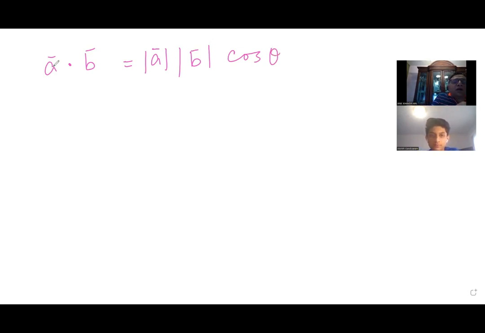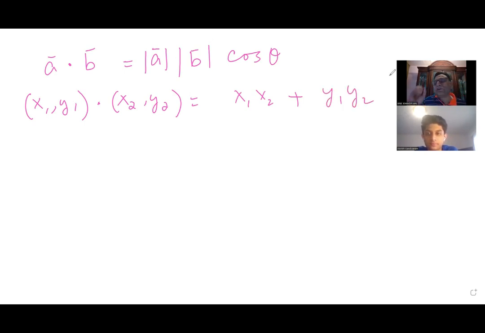If you are given these vectors in the form of i, j components, for example A is x1, y1 and B is x2, y2, then x1 x2 plus y1 y2 is the dot product, because the other components give you zero, since i and j are at 90 degrees. That is a simple way of finding the dot product. Is that clear to you?